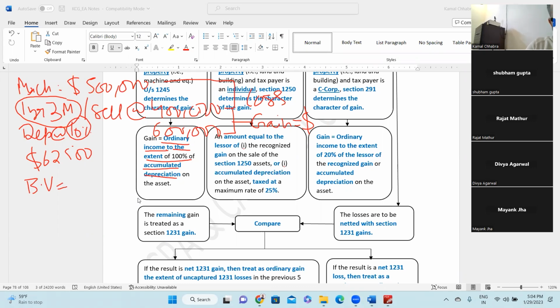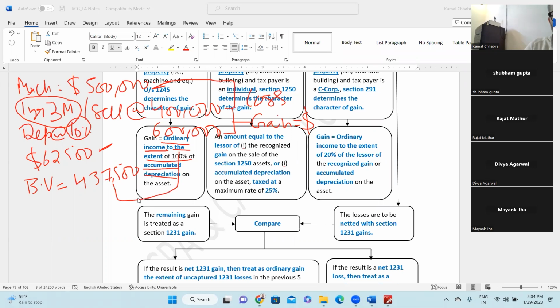What is your book value? 437,500. This is your book value. How do you calculate book value? Your purchase price minus depreciation. So what is the gain?